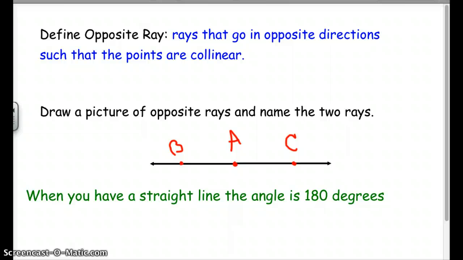In the next part of your notes, you were supposed to define opposite rays. Opposite rays are rays that go in opposite directions such that the points are collinear. And then you were asked to draw a picture of opposite rays, and I have opposite rays drawn already.